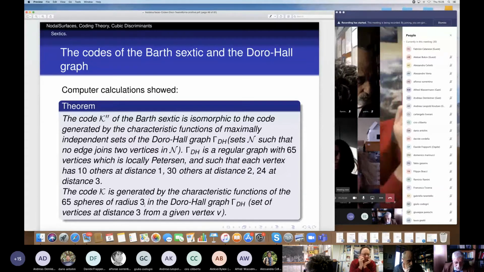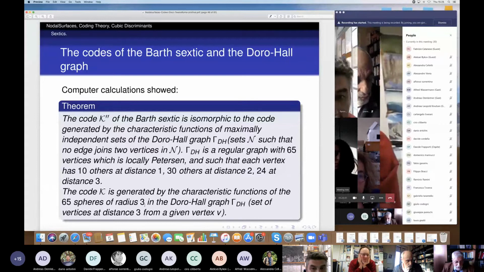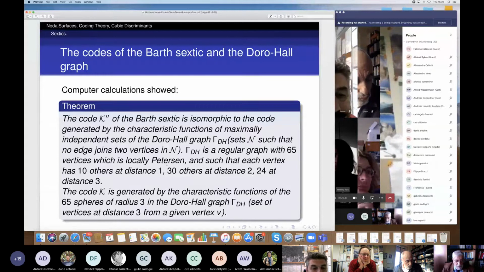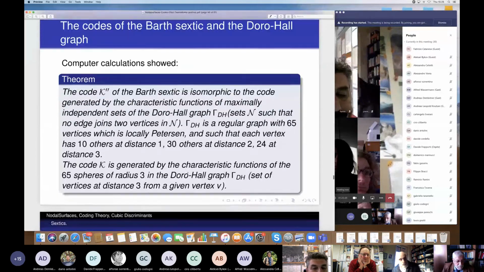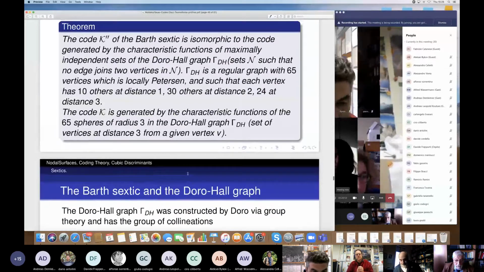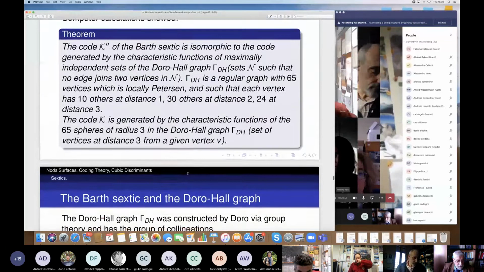So you take a vertex, you take the 24 points at distance 3, and this generates K. Now, locally Petersen means the following.